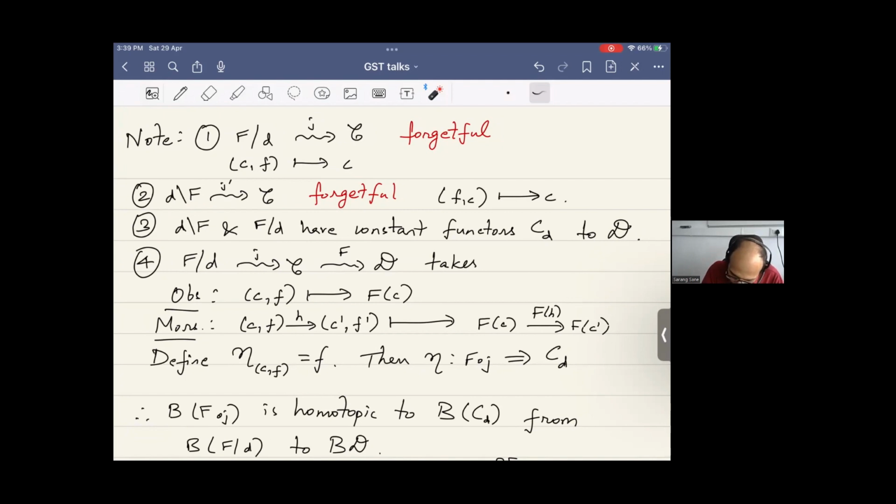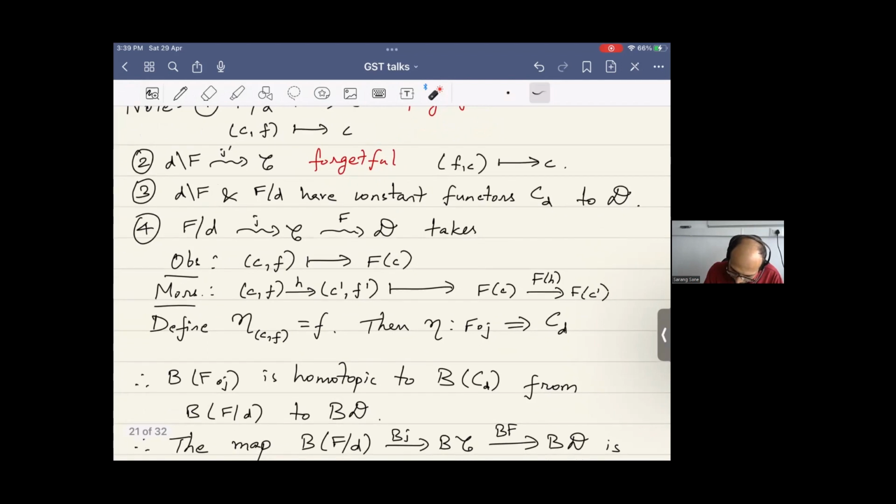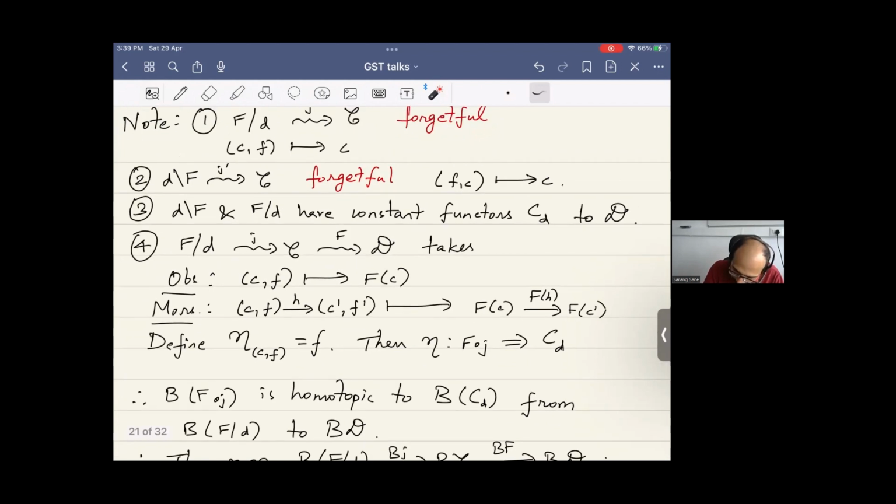What about these two other things? Oh, sorry, these are still the categories that we had, where little d is an object. So I should say something here. If you take this and this, then they have constant functors to the category script D. So what is this constant functor?